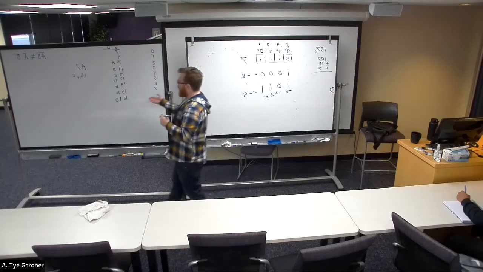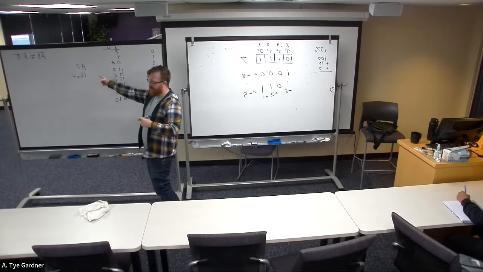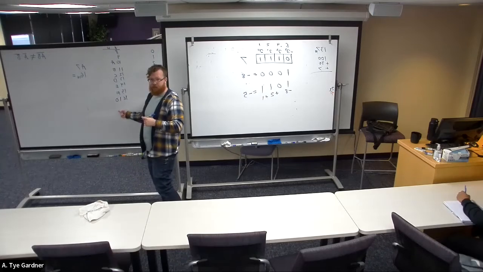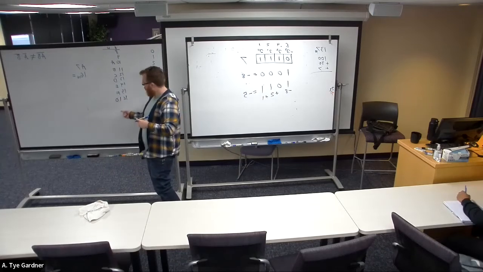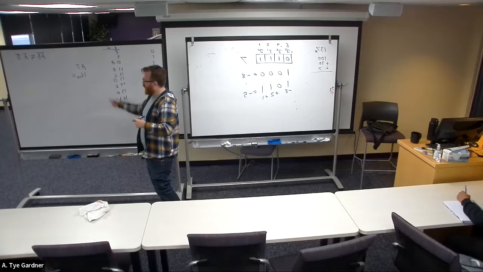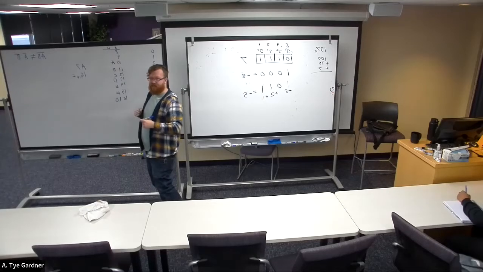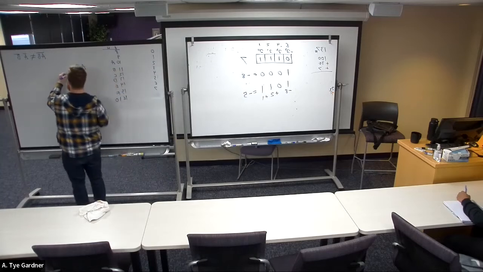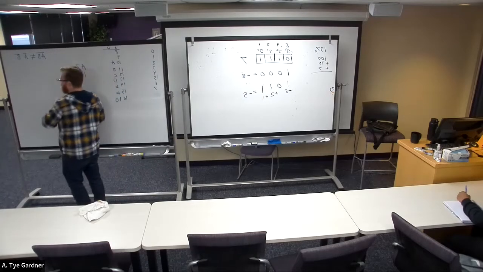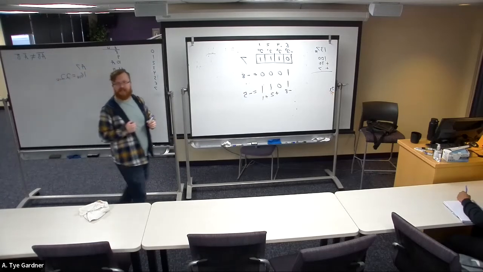So I am now 10. In order to get 16, there are 6 more of these, right? So 16 plus 6 is 22. So that's 22. Pretty sure. I could be wrong. That's 22 base 10.